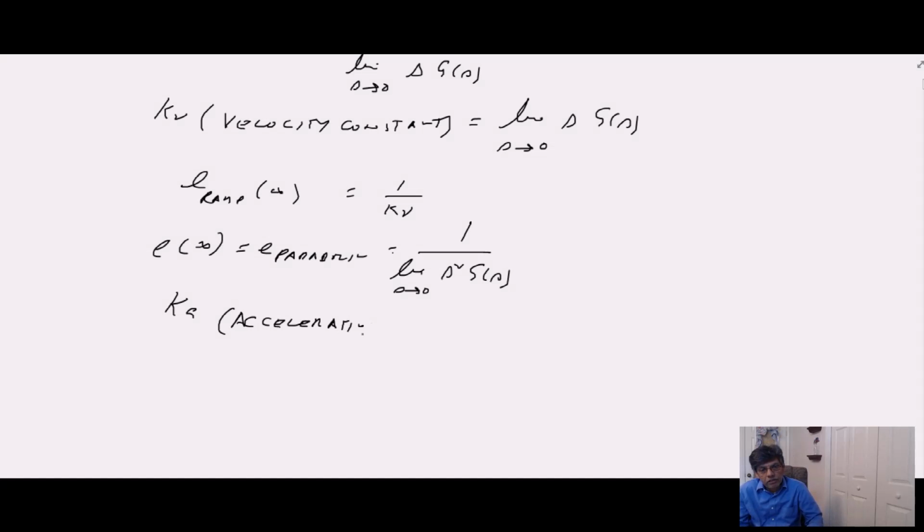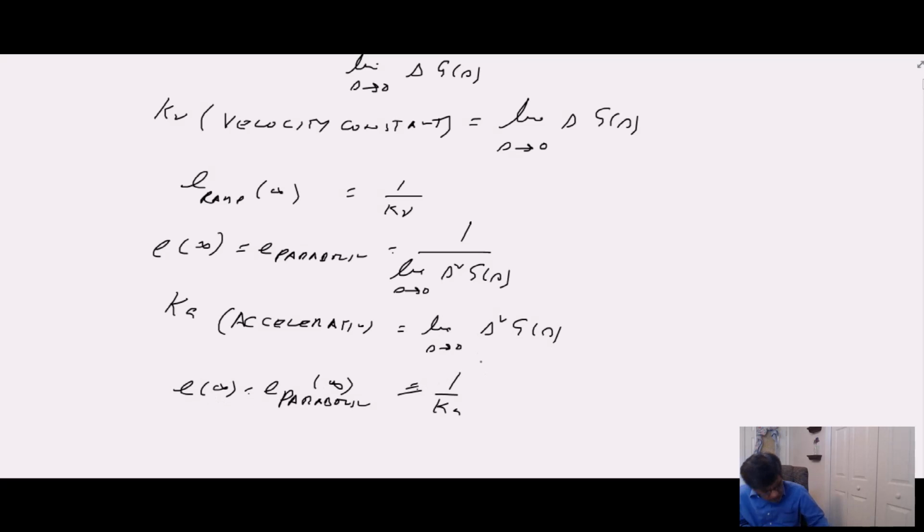The acceleration constant is equal to the limit as s goes to 0 of s squared G(s), and once you find that, you can find the steady state error for the parabolic input, which is equal to 1 over Ka. So hopefully you understand this terminology.